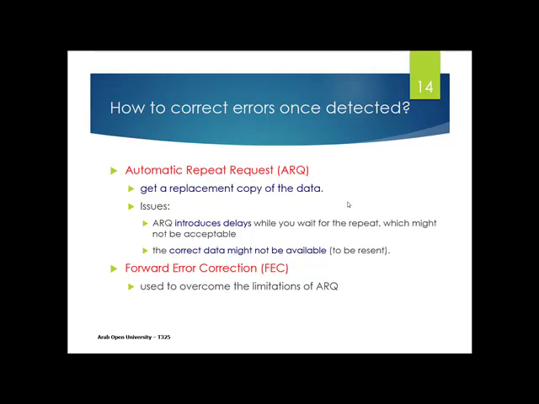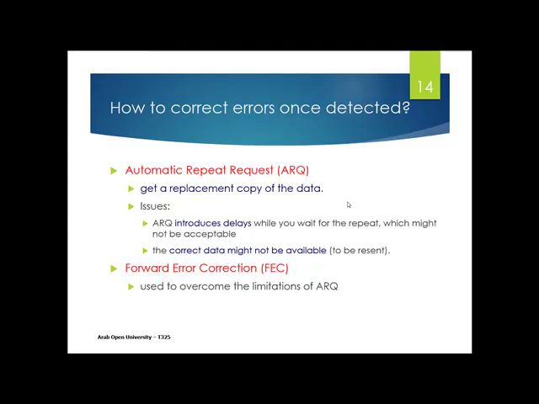The problem is that first we're going to have some delays, since the receiver has to wait until the sender receives the request to send the data again, and then to send it again. So this might not be acceptable in certain types of applications, especially real-time applications. And another thing is sometimes the data are sent on the fly, so the correct data might not be available to be resent at the sender side.